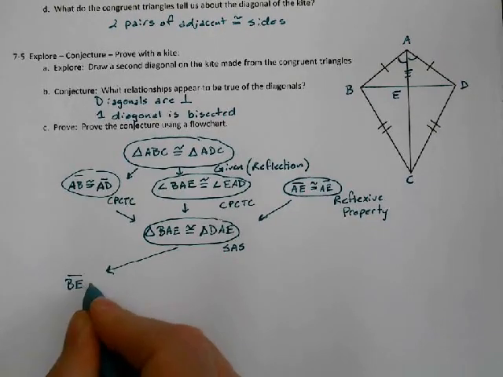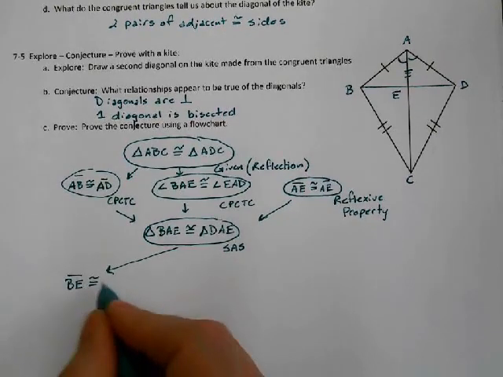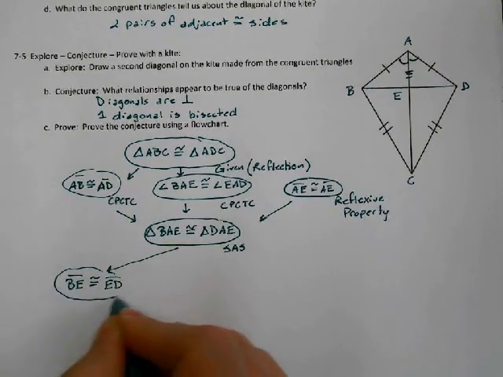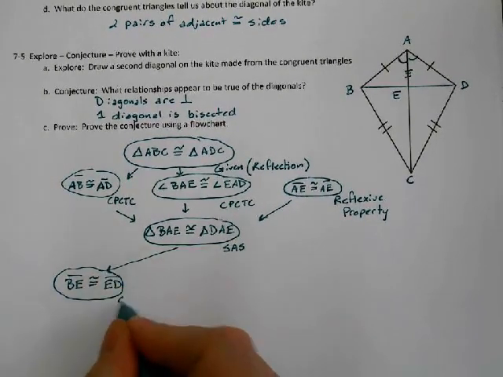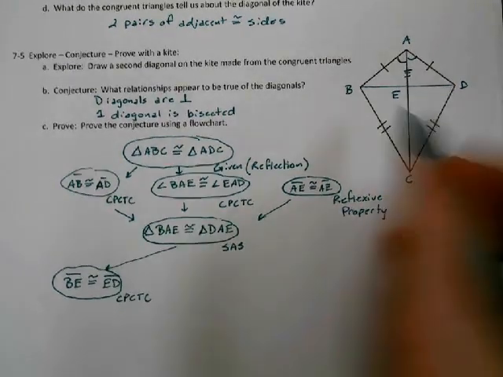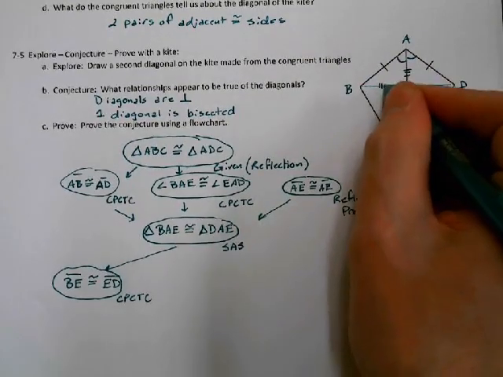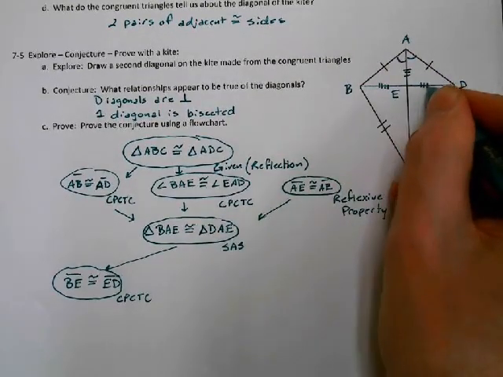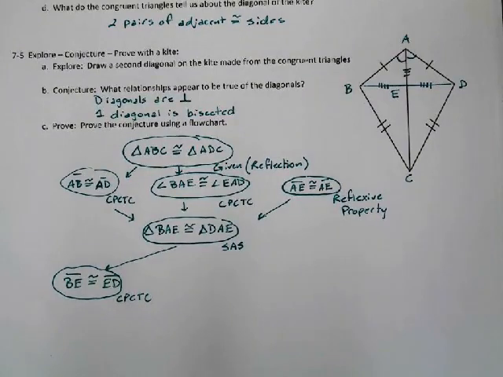And corresponding parts of congruent triangles are congruent, CPCTC. We just got done proving the triangles are congruent, so these two parts have to be congruent to each other.